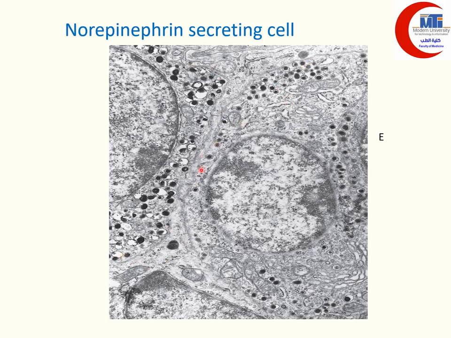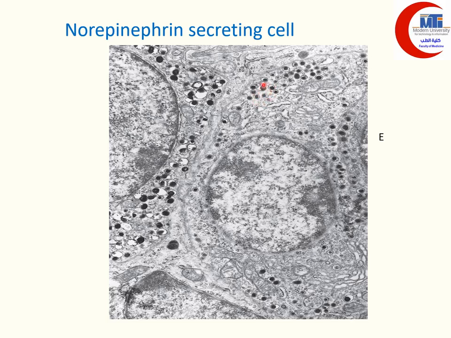Any chromaffin cells, whether norepinephrine or epinephrine secreting, take the characters of a protein secreting cell, as it contains well-developed rough endoplasmic reticulum, well-developed Golgi apparatus, and many mitochondria. So it takes the character of a protein synthesizing cell.